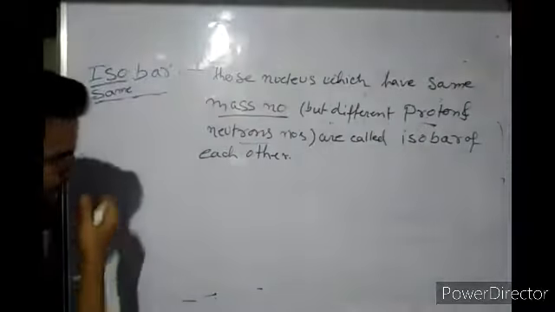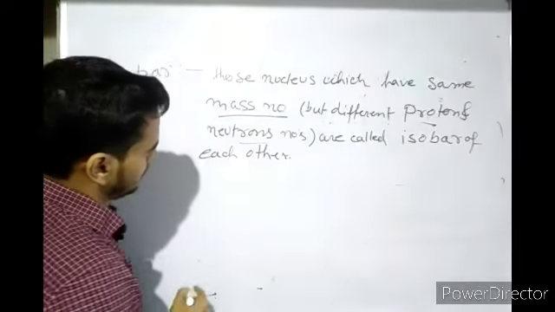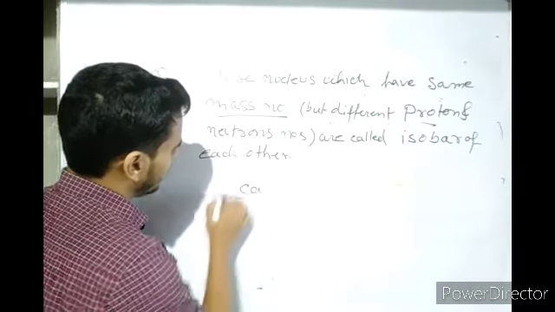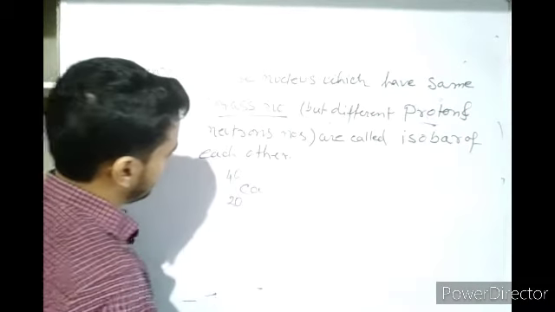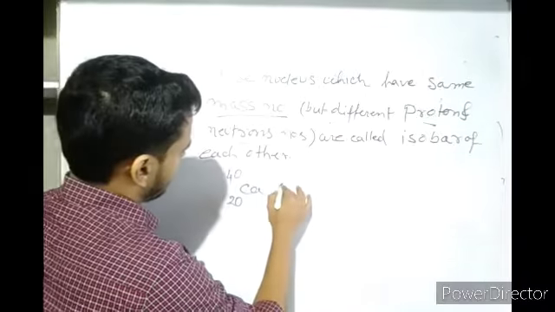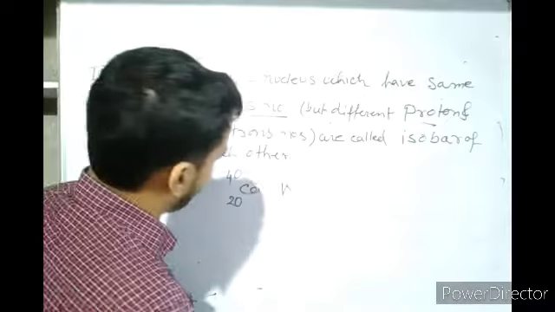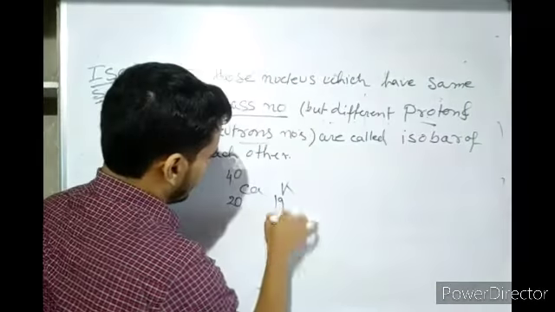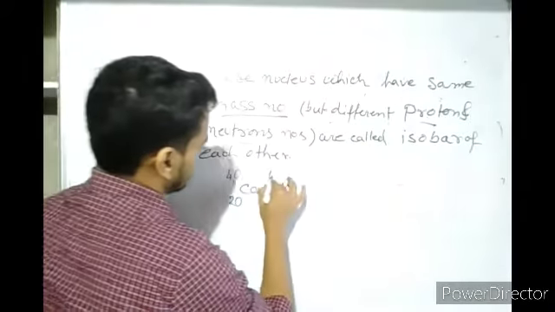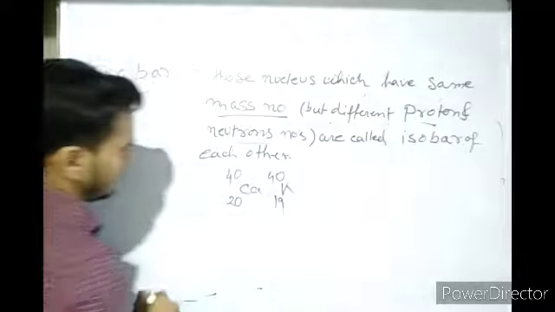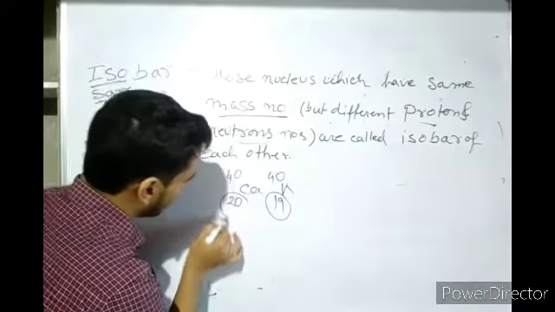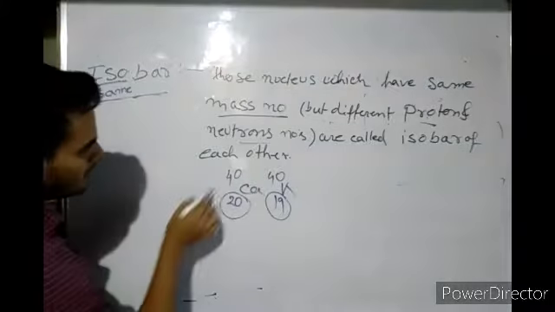Let's take an example: calcium with atomic number 20 and mass number 40, and potassium with atomic number 19 and mass number 40. Here the atomic number, meaning the proton number, is different.